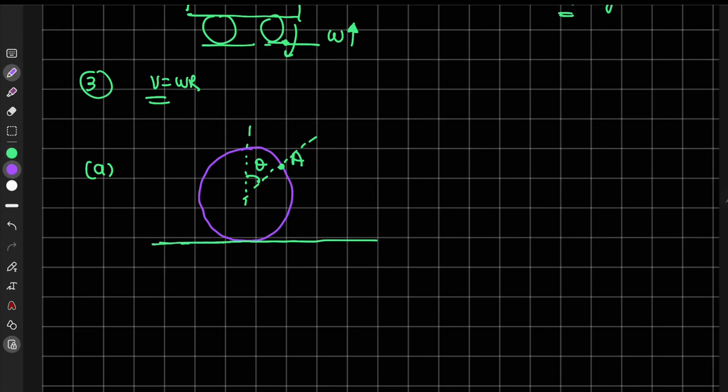Now if we talk about the velocity at this point, it has velocity in this x direction due to the translational motion, and due to the rotational motion we have the velocity in this direction, that is v equal to omega r, and both are the same. So here also we will have the velocity of 1 meter per second, and this particular angle is theta, so this angle will also be theta.